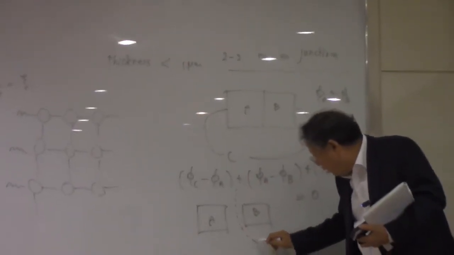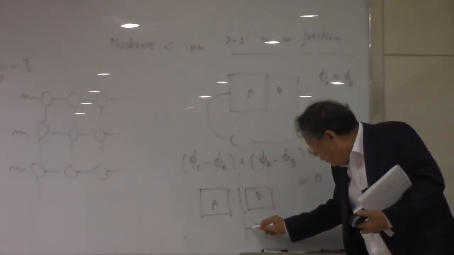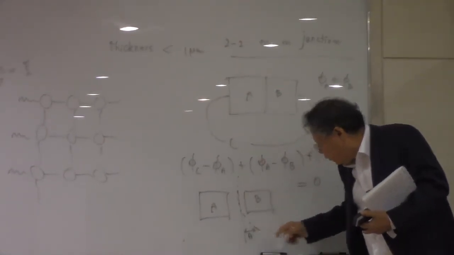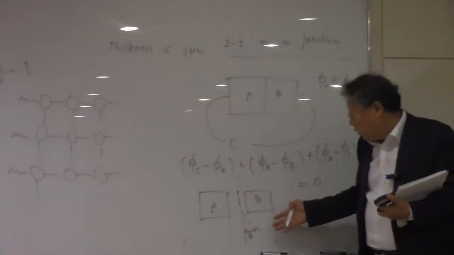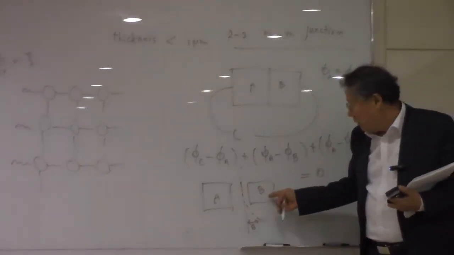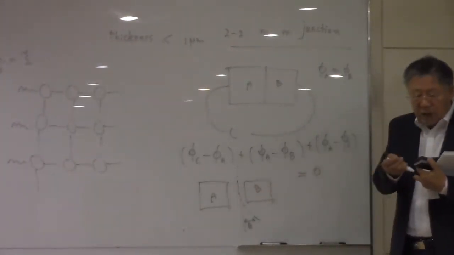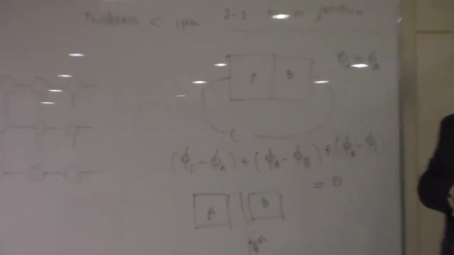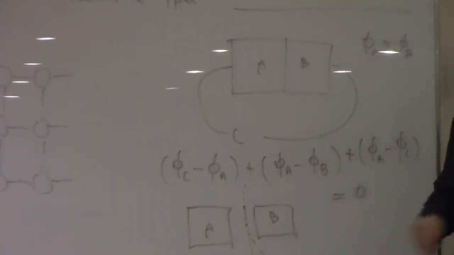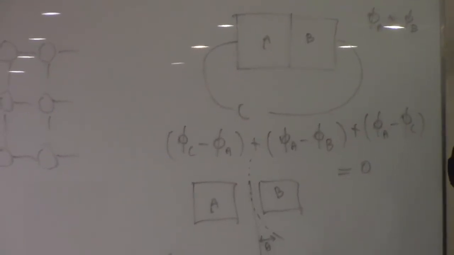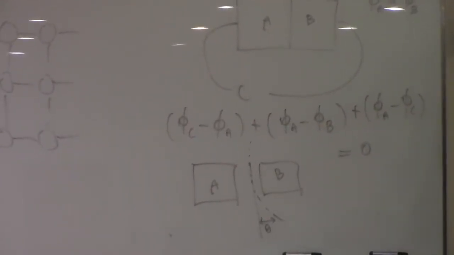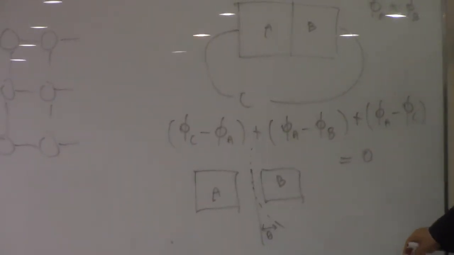Okay, and then you just measure the angle here, and then you can convert this to the work function difference between metal A and B. So there is a way to measure the work function difference, but the junction itself is not that important in terms of the electrical properties.